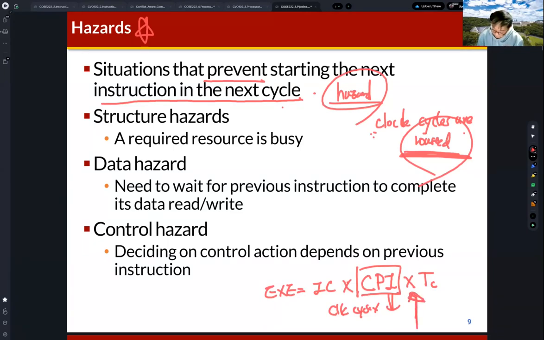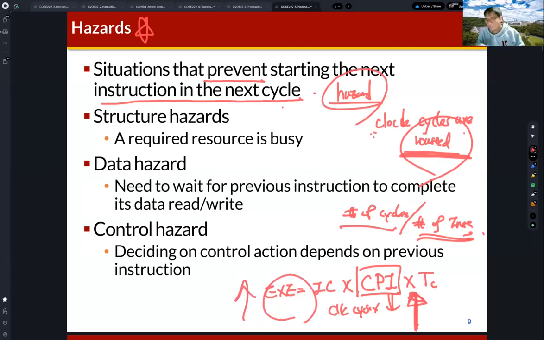CPI is the number of cycles divided by the number of instructions. The instruction count is the same, but the number of cycles is increased because clock cycles are wasted. Do you understand? So CPI is increased. Execution time is also increased, so performance is degraded.